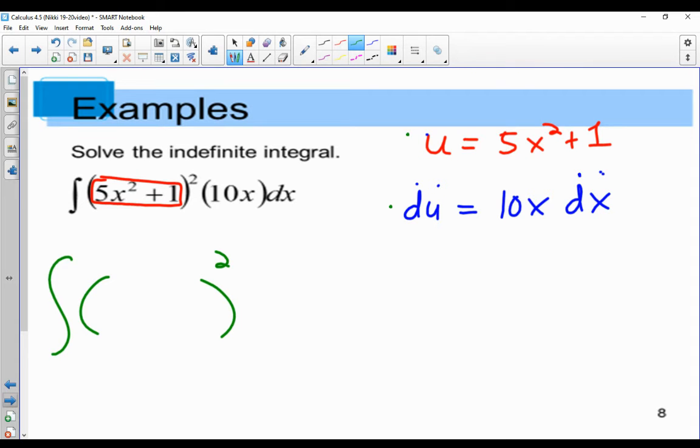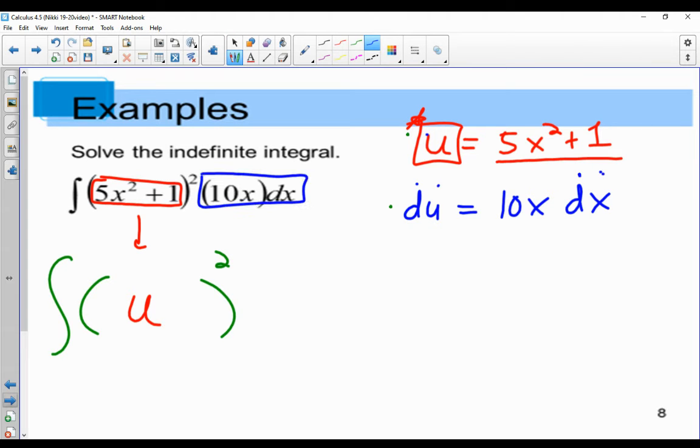Well, first, our integral has 5x squared plus 1, squared, but instead of 5x squared plus 1, I'm going to substitute u into its place because of this. So instead of 5x squared plus 1, I'm going to use u. And that's not all. Here I have 10x dx, which is the same as what I got right here.